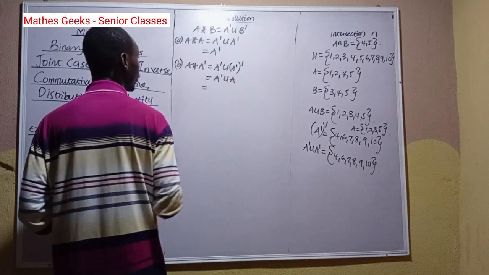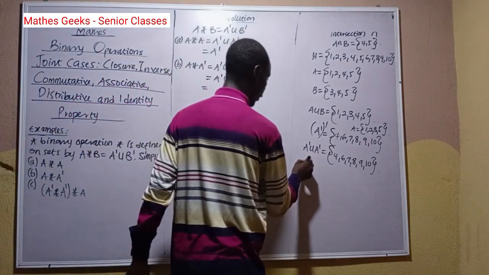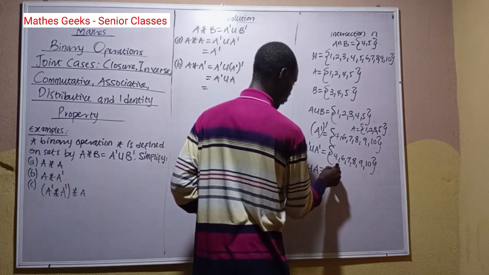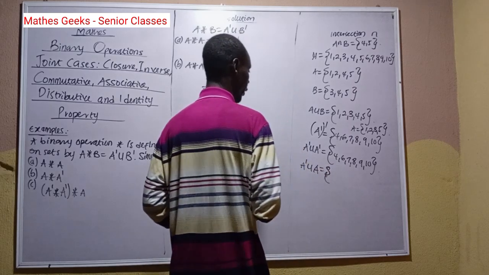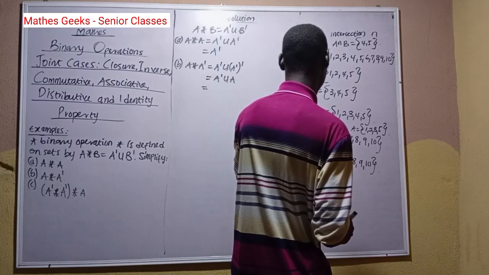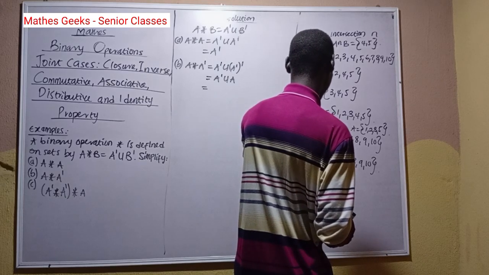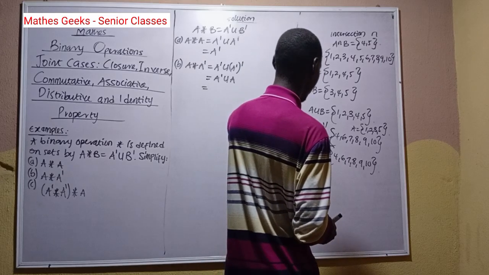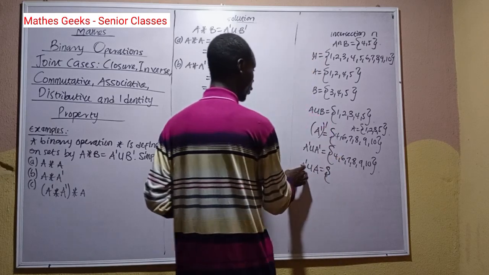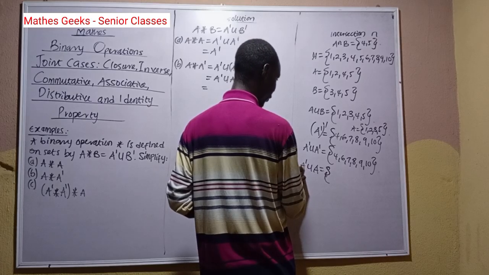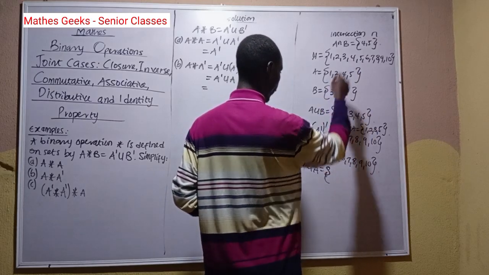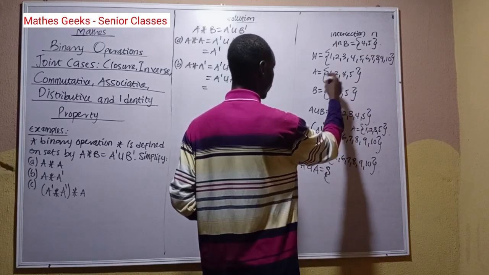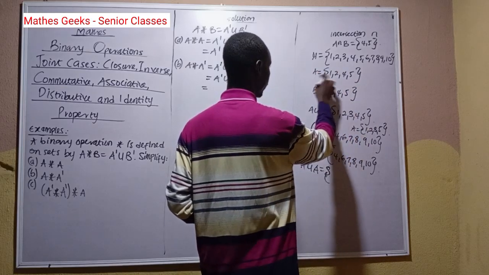Now A complement union A. If you bring A complement union A, it means the elements in set A complement join to the elements of set A, such that there is no repetition. A complement is 4, 6, 7, 8, 9, 10, and A is 1, 2, 3, 4, 5.